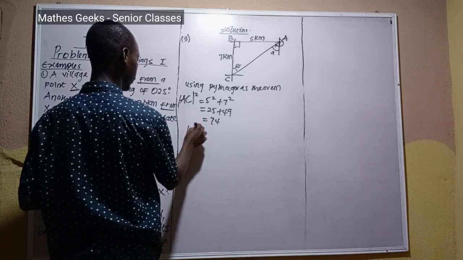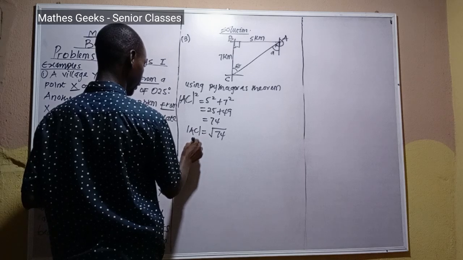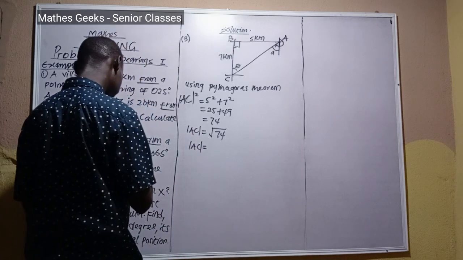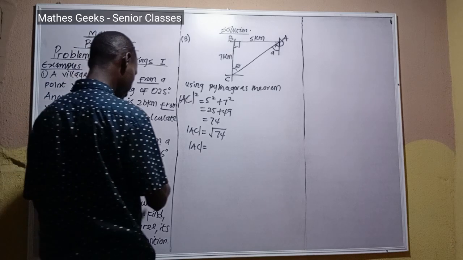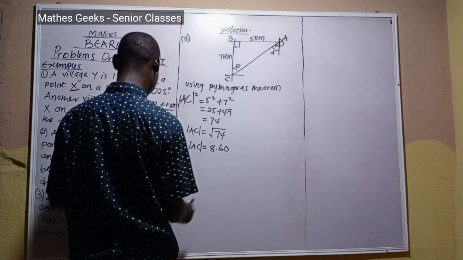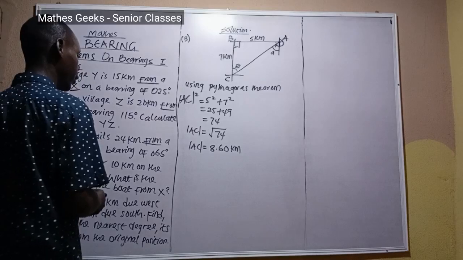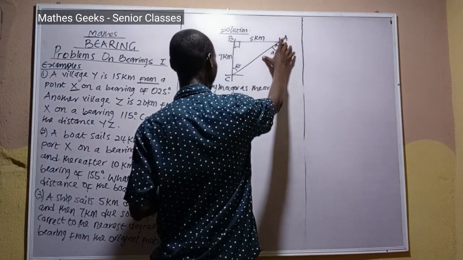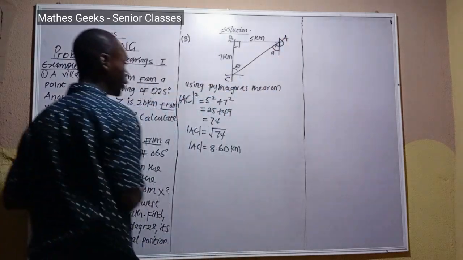So line AC is the square root of 74, which is 8.60 kilometers. That's the distance of the ship between its original point and its final destination.